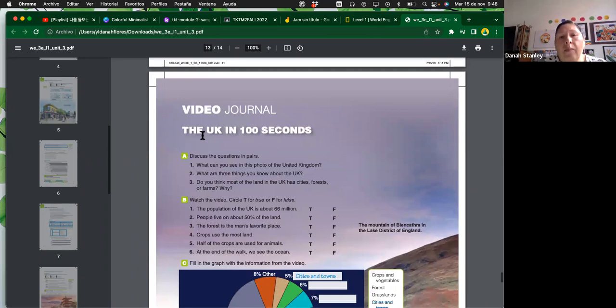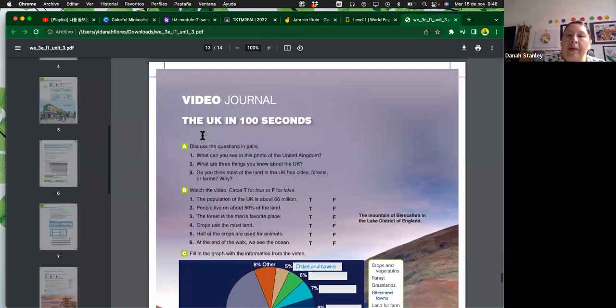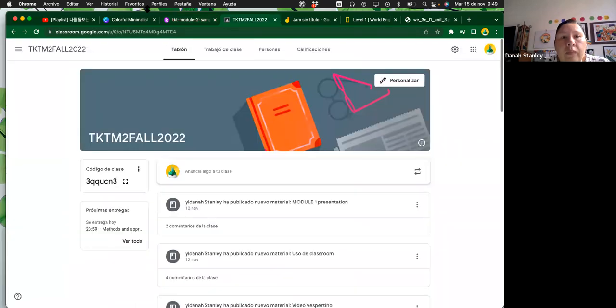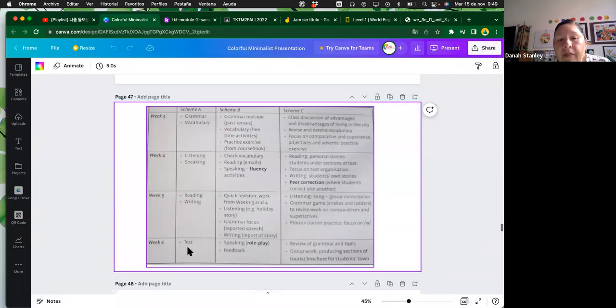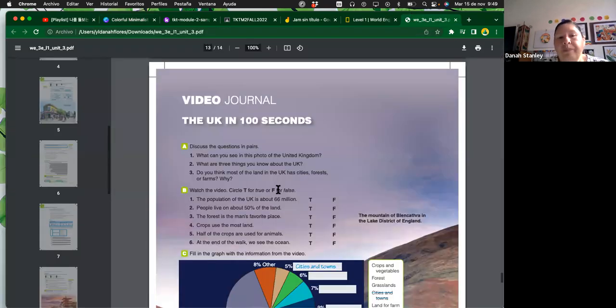Probably in here you can use, in this part, TBL, task-based learning. You recover what students know. You explain the characteristics of the task they need to develop. You give them time, and then they present. In there you can, as in this case, end up with a test that is a speaking or an oral presentation.